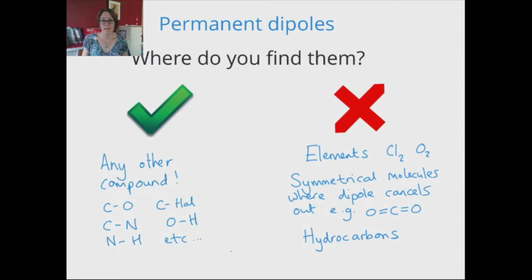So it's easy to spot where the permanent dipoles are because there are not very many instances where there aren't any permanent dipoles. One thing that people do forget is they might look at that OH and think immediately of hydrogen bonding, which is true, but hydrogen bonding is a type of permanent dipole. So if it has hydrogen bonding, it will also have a permanent dipole.